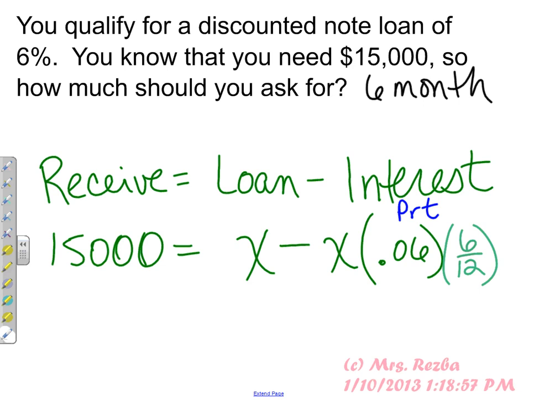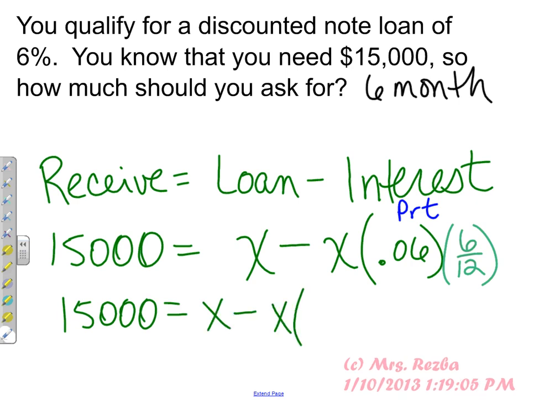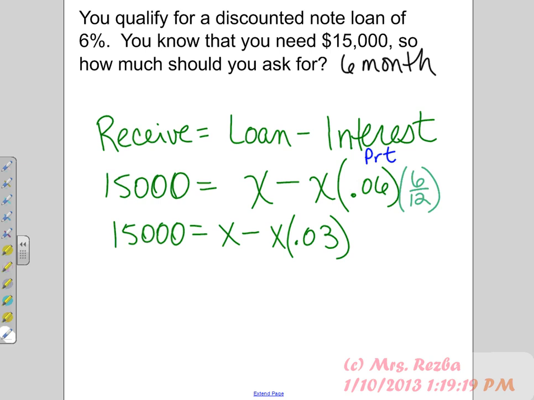What I can do is simplify this equation, so 15,000 equals X minus X times 0.06 times 6 divided by 12, which gets us 0.03. And now the question is, what does X equal? Well, what I notice here is I have two X-like terms.